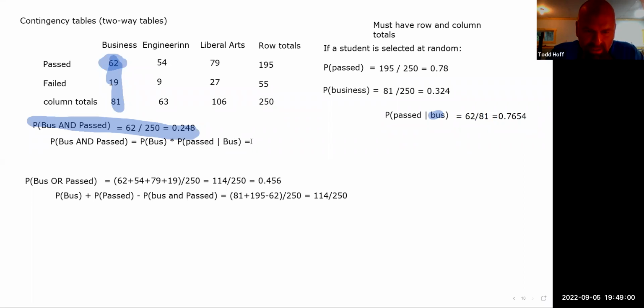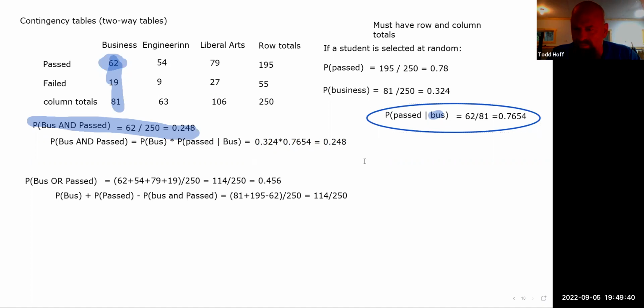So that means this would be the probability of being a business student, which we've already calculated to be 0.324, times 0.7654 equals, if I multiply that out, 0.248, which is exactly what we calculated up above. So we could use that multiplication rule there. It's just a little trickier because those are not independent. So we had to do that conditional probability right here.